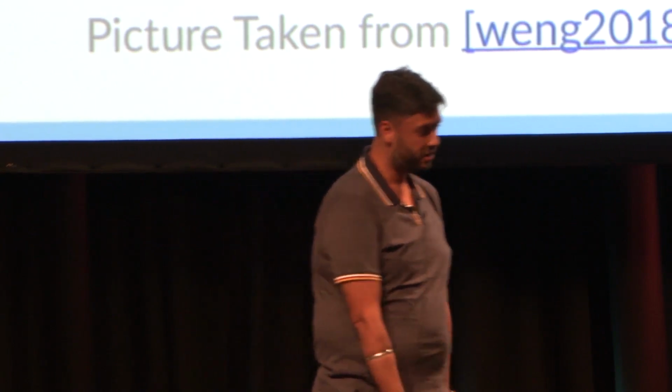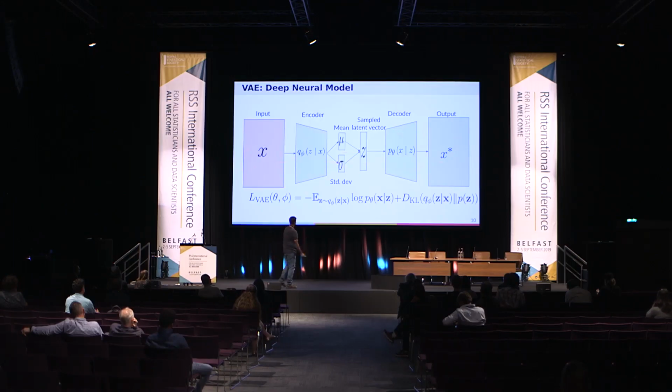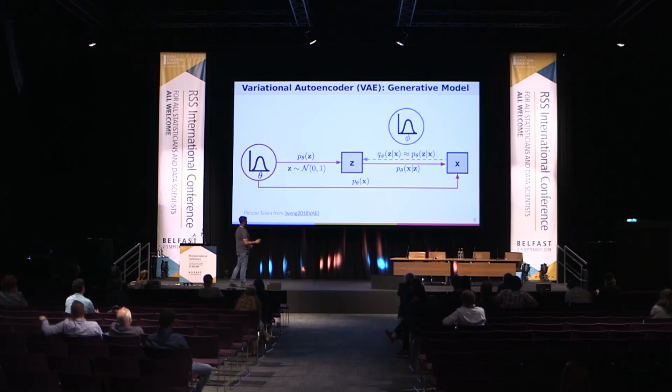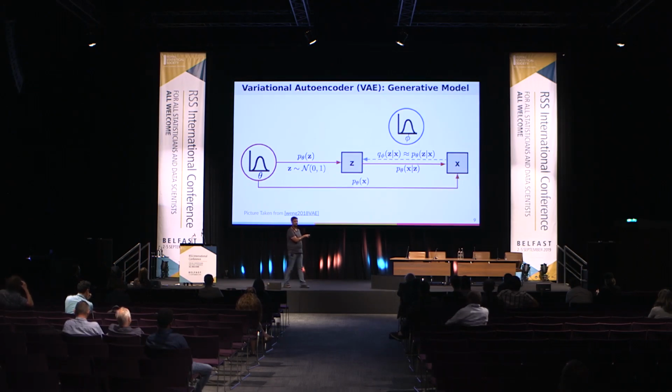So the people in the deep learning world said, okay, let's create a deep learning model. I'll just try to say what we mean by autoencoder. This part, P of theta x given z, is almost a decoder.